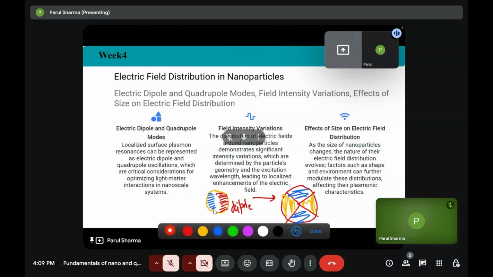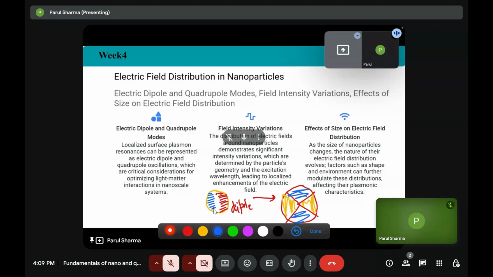So we will have expressions of distributed temperatures from the particle, with significant intensity variations determined by particle geometry and excitation wavelength, leading to localization of the spectral response.